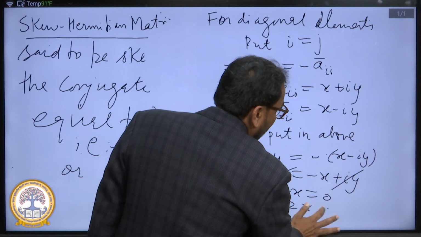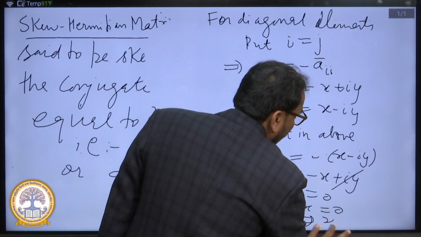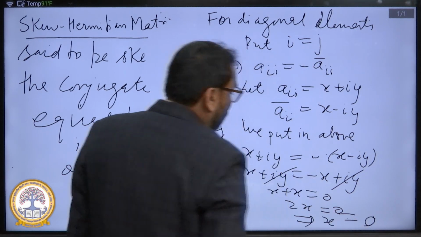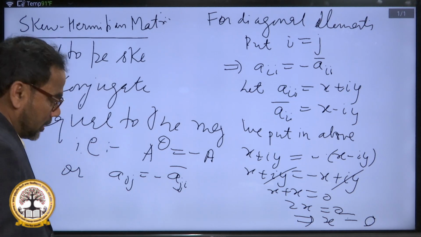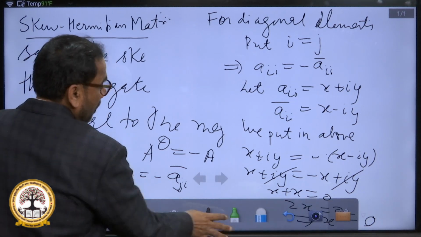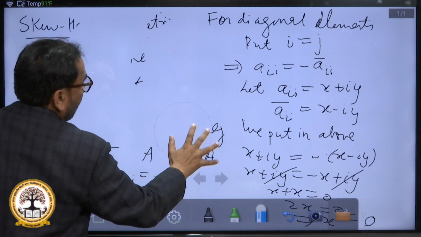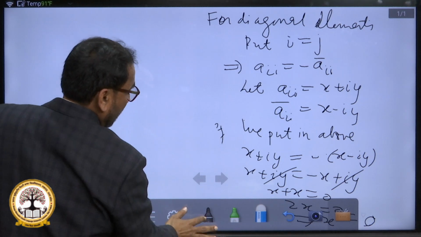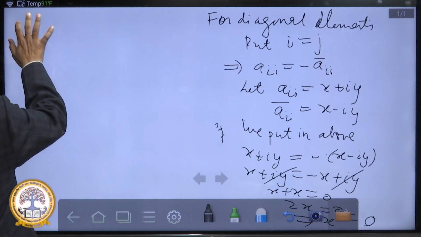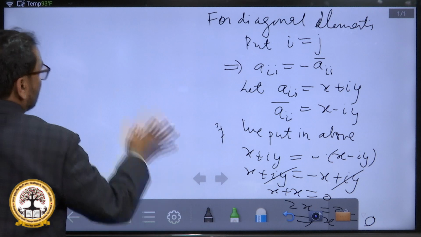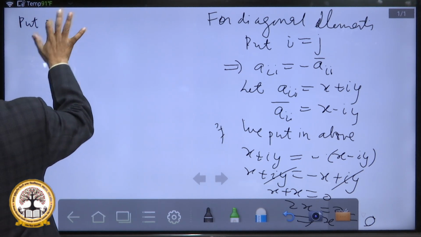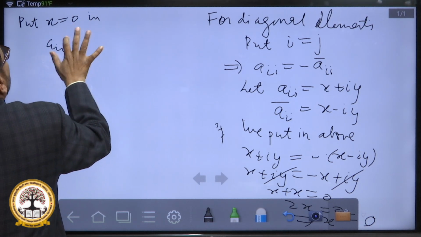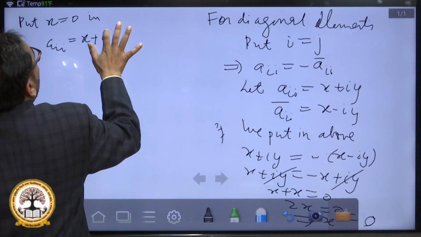It means 2x equals 0, which implies x equals 0. Put x equal to 0 in aii equal to x plus iy.